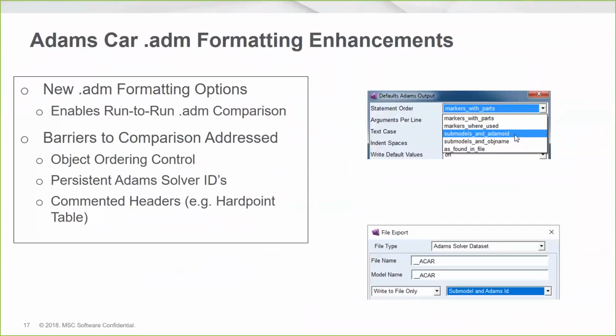Every time you re-exported an ADM file from Car, the solver IDs would get mixed up, which made using a visual diffing tool to compare the files very difficult. Now we have the ability to maintain those, which makes comparison from ADM file to ADM file very easy.